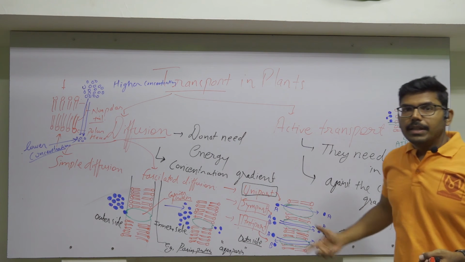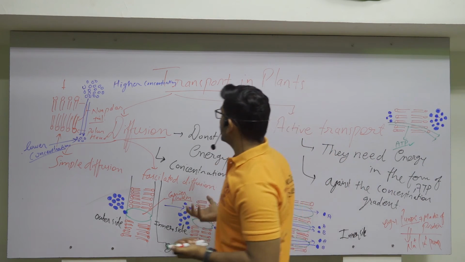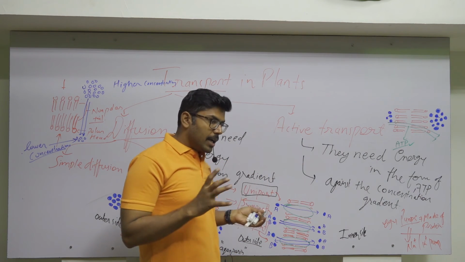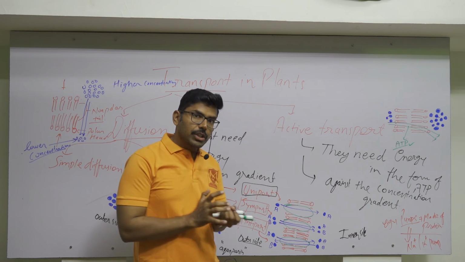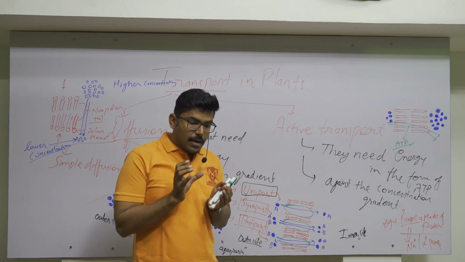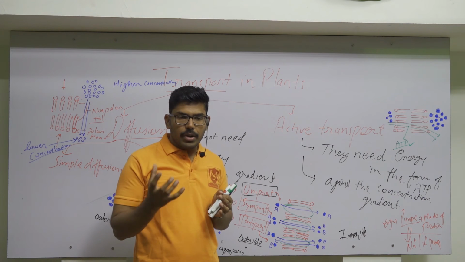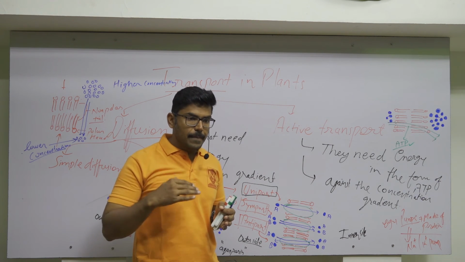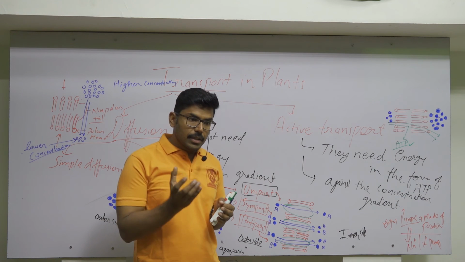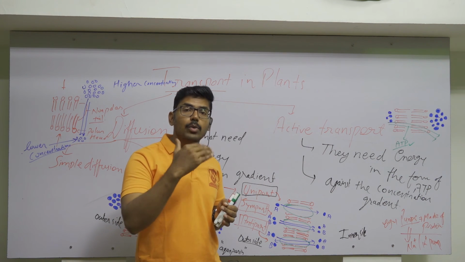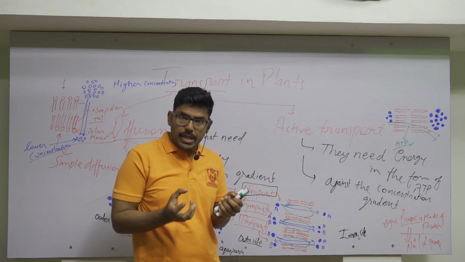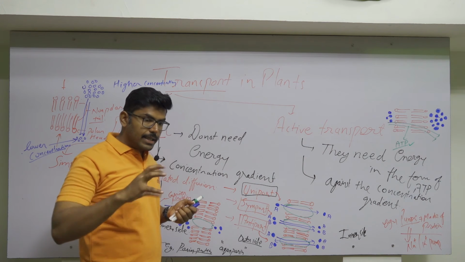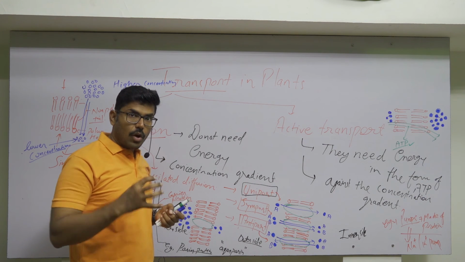So these are the methods of transportation which happen in nearby cells. They cover only short distances, like inside the cell or outside the cell or between adjacent cells, or inside the organelles of a cell.